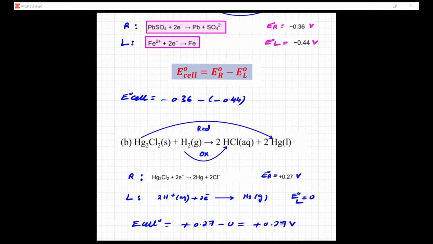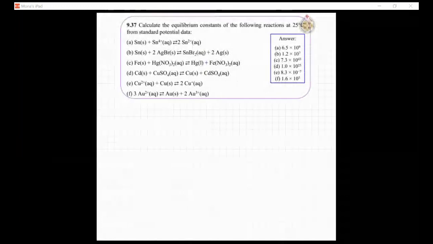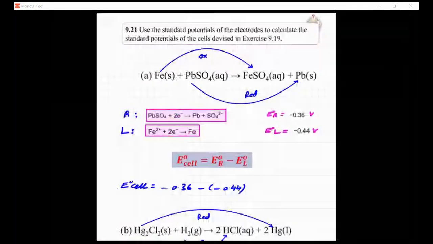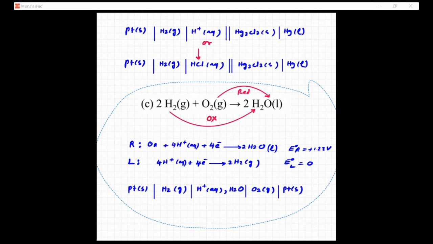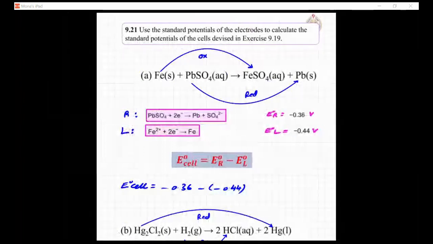So the first is that, the second, and now the third. The third is going to be this one here, for which we already have the standard potentials of the two reduction half reactions.